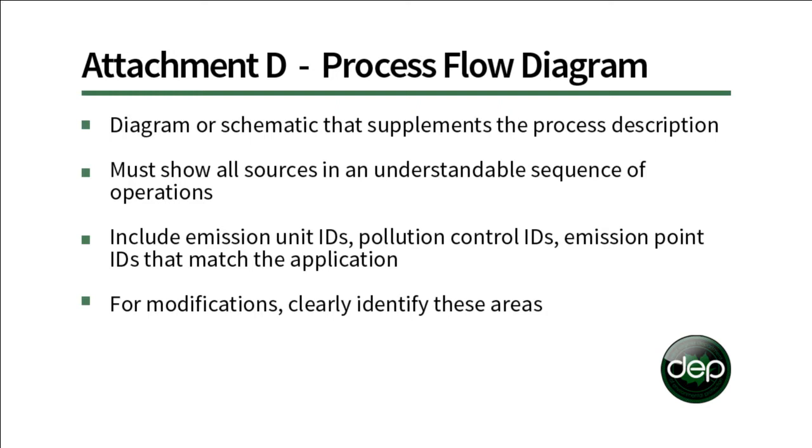All emission units, all air pollution control devices, emission reduction devices, and all the emission units or emission point IDs that are represented on the drawing must match what is in the application with the emission units table. Those must match. If you're doing a modification, you need to clearly identify the areas of that drawing that are being modified.